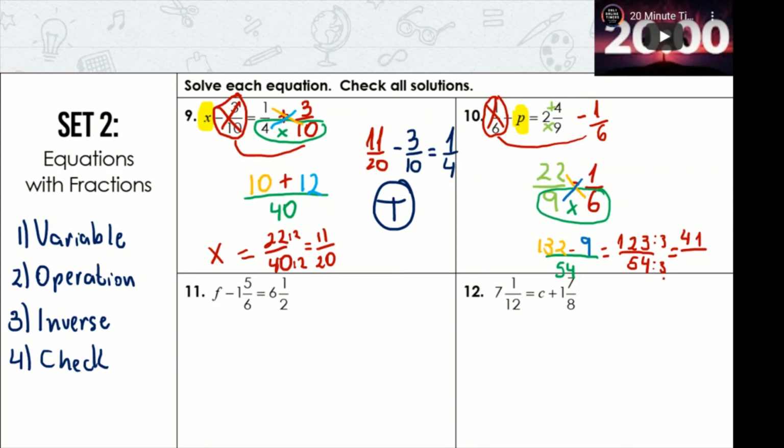Denominator is 18. Here's my fraction, guys. P equals 41 divided by 18.